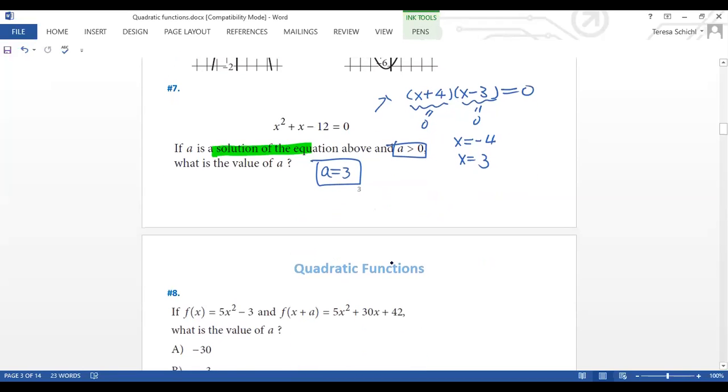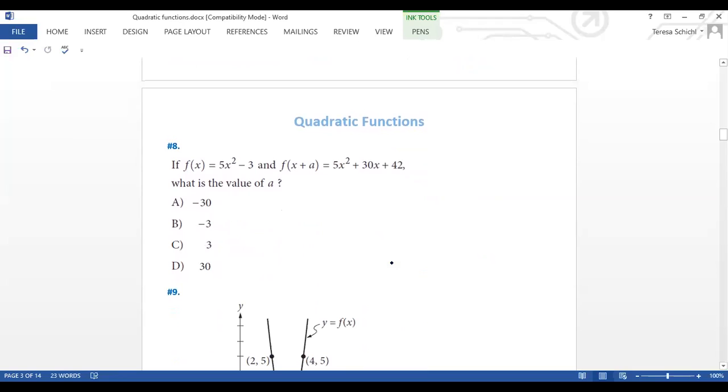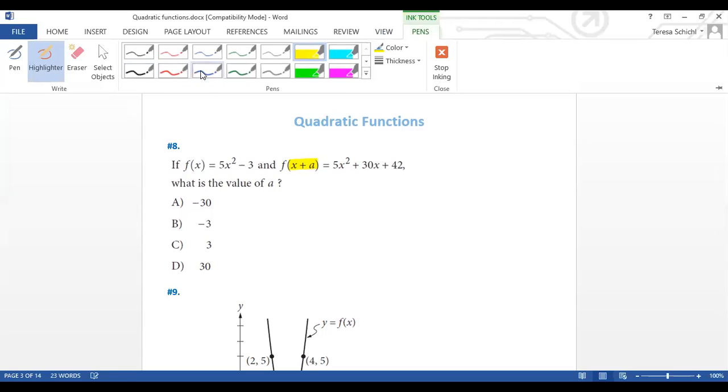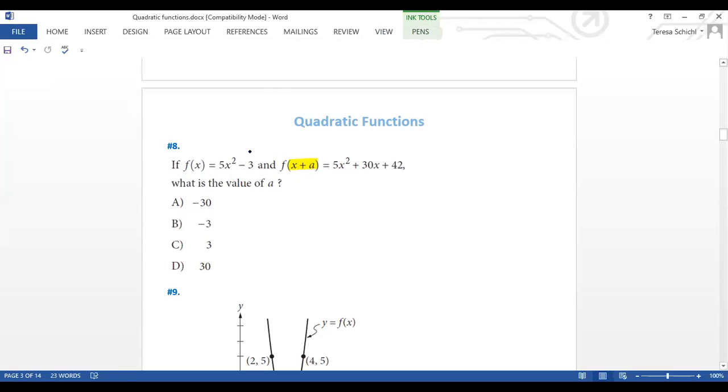Okay, let's take a look at number 8. It tells you f of x is equal to 5x squared minus 3, and f of x plus a is 5x squared plus 30x plus 42. So what is the value of a? In this problem, they try to test you on what f of x plus a means. That means you replace every x here with x plus a.